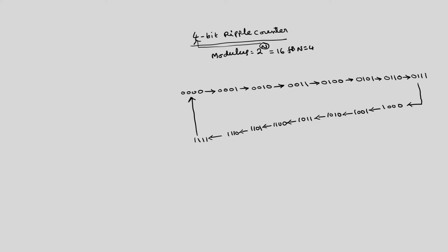After that it goes to the initial state. Each state you can represent in a box or a circle. Then this particular diagram is called a state diagram.